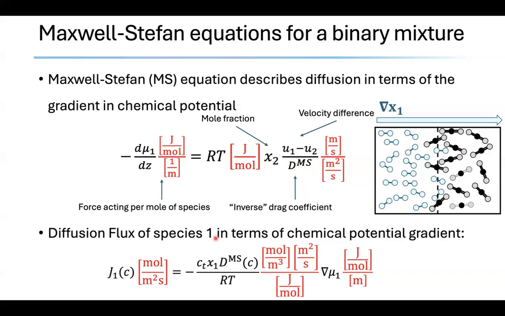Now, as for Fick diffusion, if we wish to express the flux of species 1 in terms of the chemical potential gradient, it can be represented by the following equation. As you can see, the key point to notice here is that the J1 of C is no longer directly proportional to the gradient in the mole fraction, but is directly proportional to the gradient in the chemical potential.